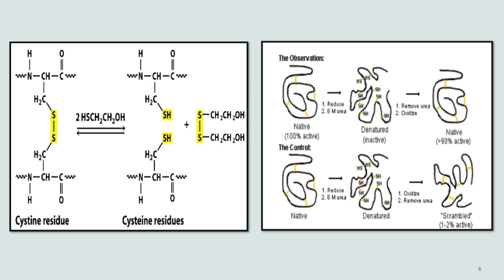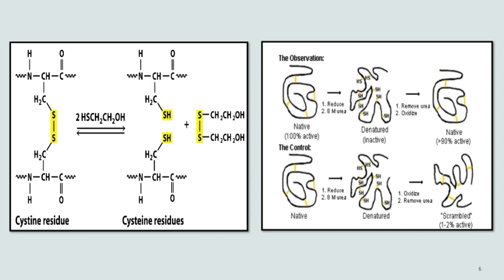This breaks the disulfide bridge between the two sulfur atoms, leading to the formation of two cysteine residues, and the sulfur atoms present in beta-mercaptoethanol form a disulfide bond at the end of the two molecules of beta-mercaptoethanol.